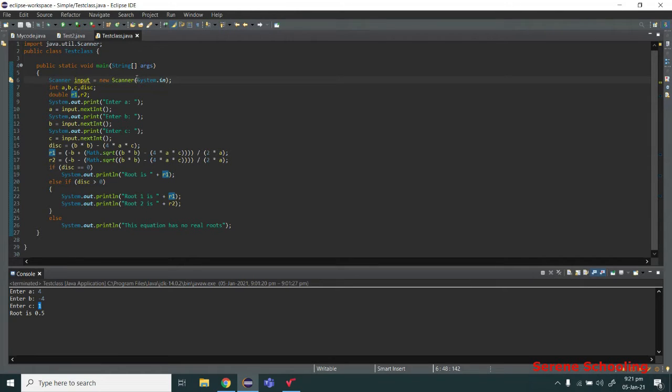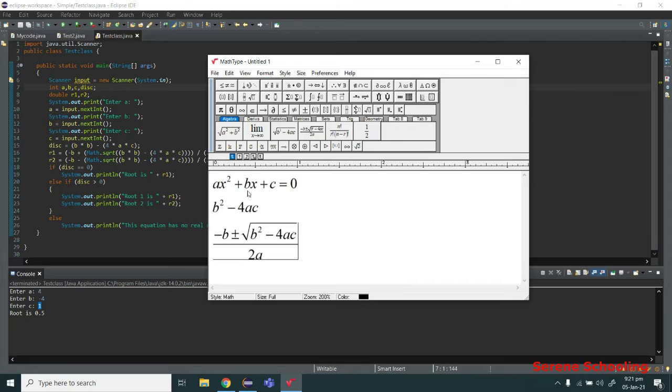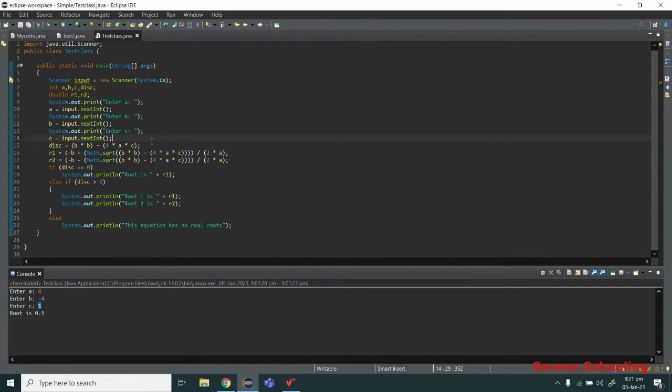First I have created an object of the scanner class. Then I have created three integers, a, b, c, which will be our main variables. I have also created discriminant as an integer, since this equation will always produce an integer value as long as a, b, c are integers.